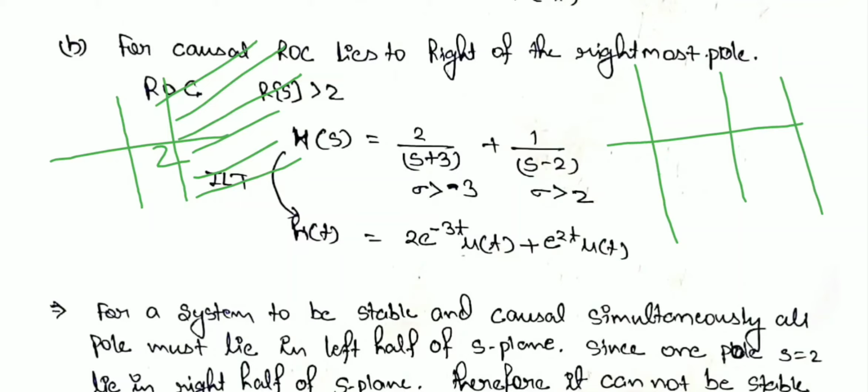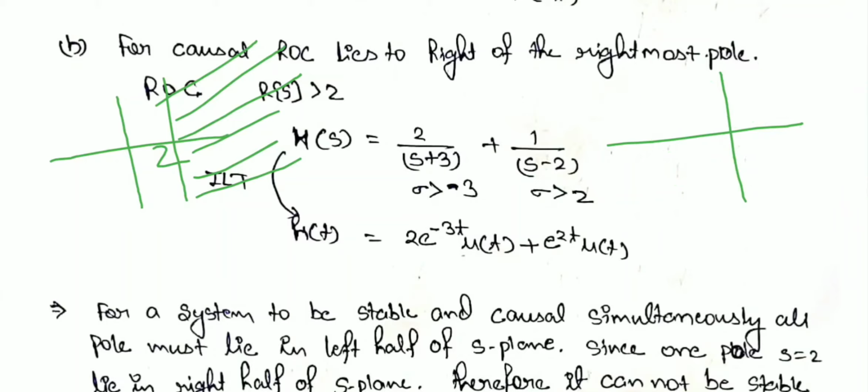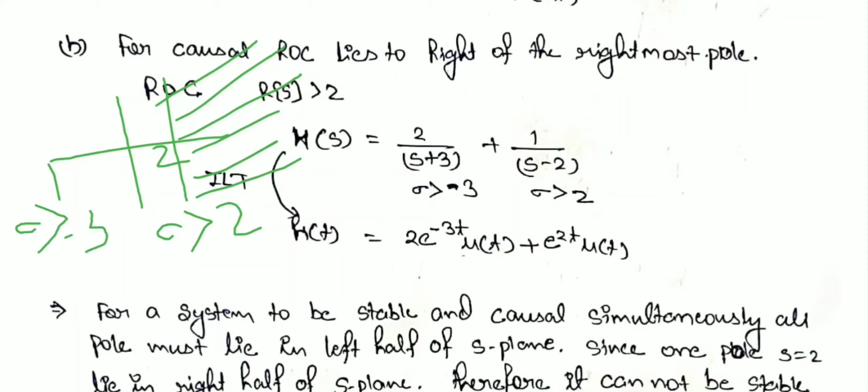If we consider right-sided with sigma greater than minus 3, it is also not possible because it contains the pole 2 in the ROC. Then only one possibility remains, sigma greater than 2. If sigma is greater than 2, it automatically means sigma is also greater than minus 3.